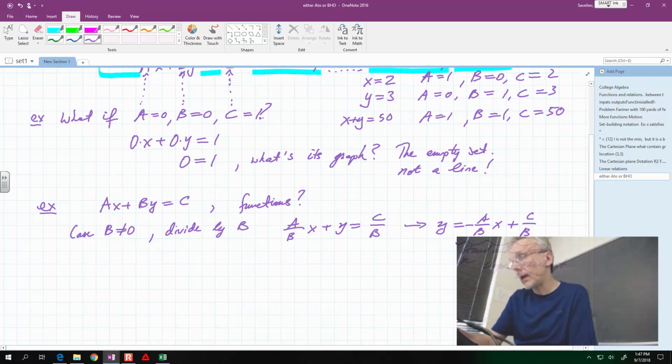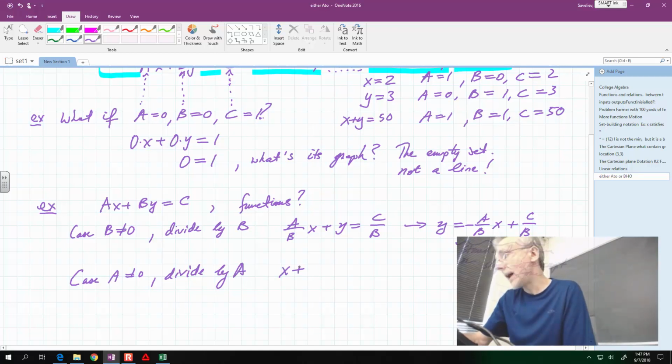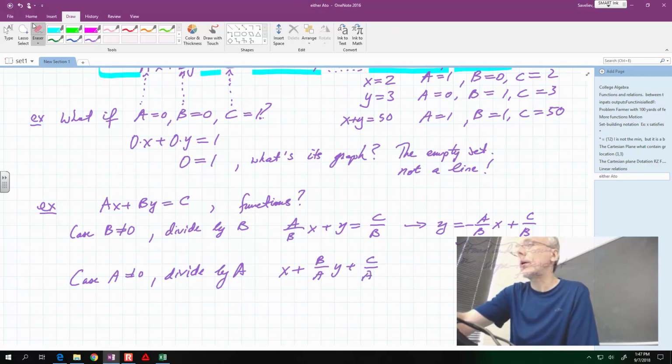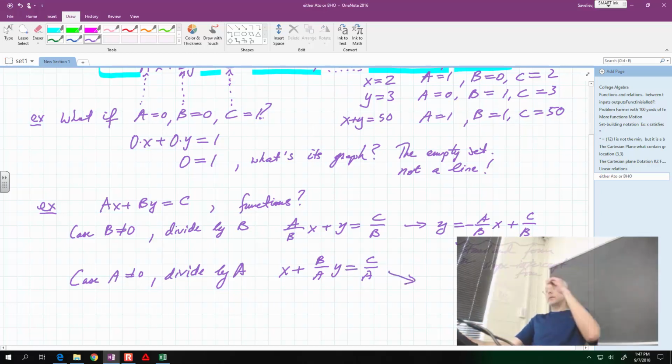On the other hand, what if A is not equal to 0? Then we divide in a similar fashion. We divide by A, and then what we have here is x plus B over A y equal to C over A. Once again, what do I do with this one? I don't solve for y, but what else can I do?